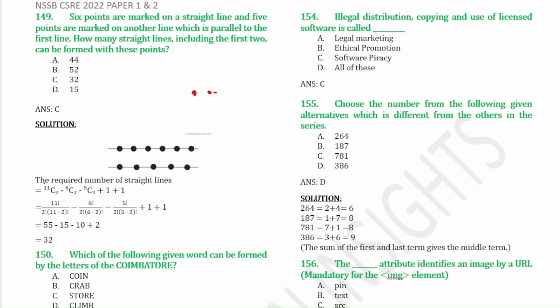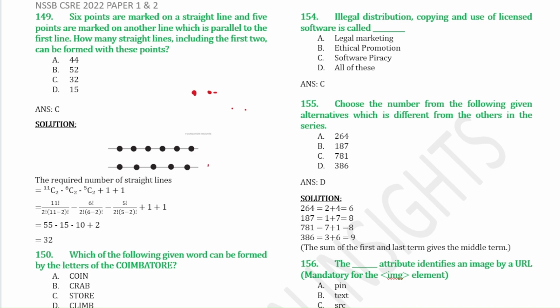So this is from permutation and combination. So you have to know the concept. So there are 11 points and then we need 2 points, right, to make a straight line. So 11C2. From these, there will be a time when we have already used the points to make the straight lines. That's why we're subtracting 6C2.